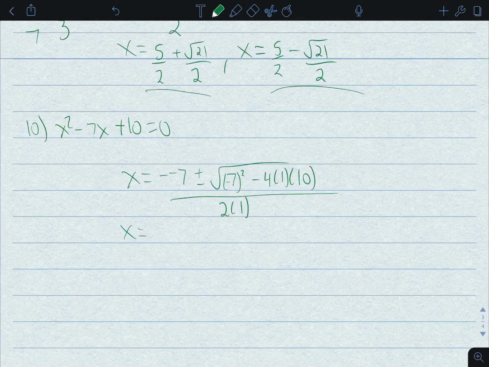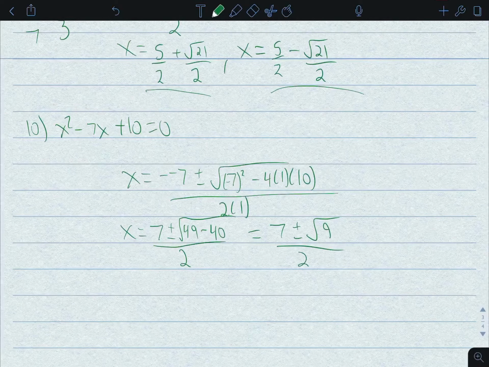X is equal to 7 plus or minus the square root of 49 minus 40, inside of a square root, I'll make that a little bit neater, divided by 2, which is equal to 7 plus or minus square root of 9 over 2. X is equal to 7 plus or minus 3 over 2.